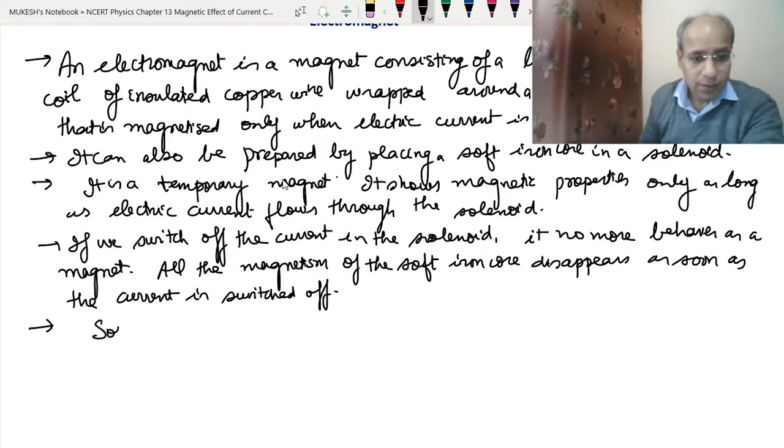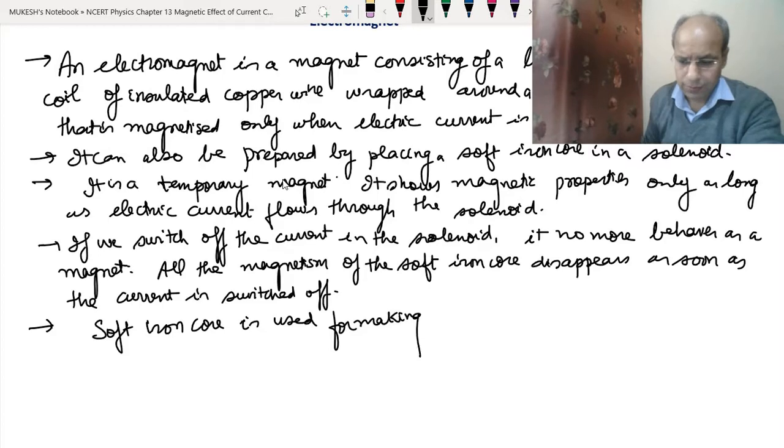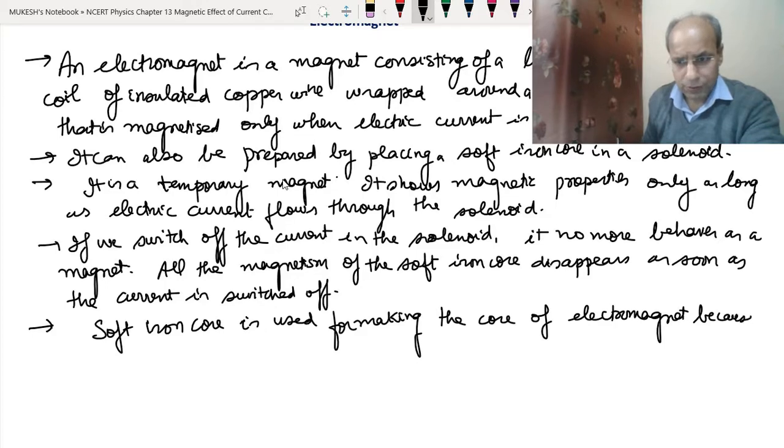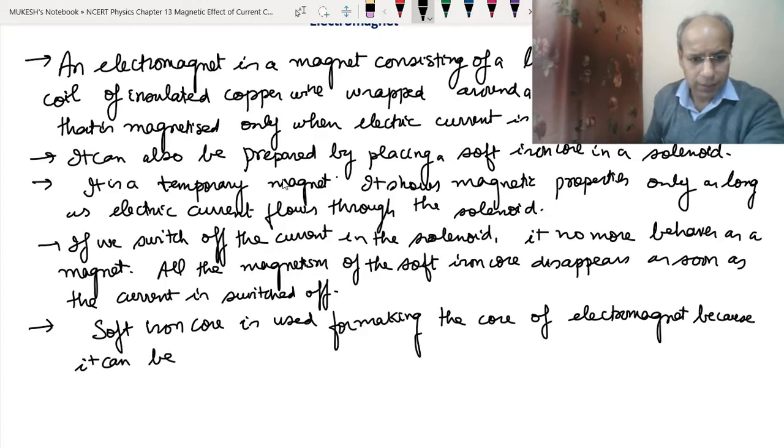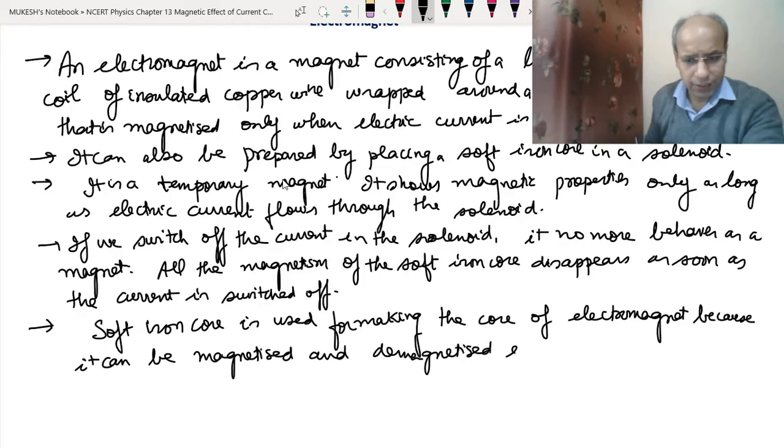Okay, soft iron is used for making the core of an electromagnet, because it can be magnetized and demagnetized easily.